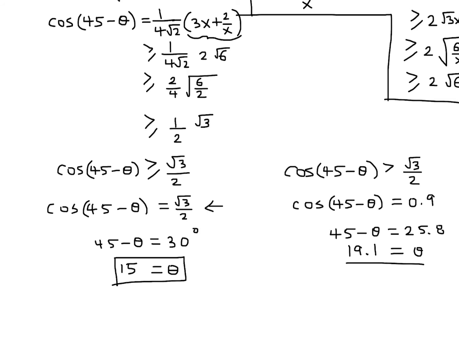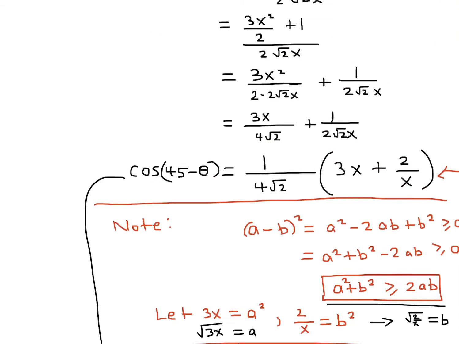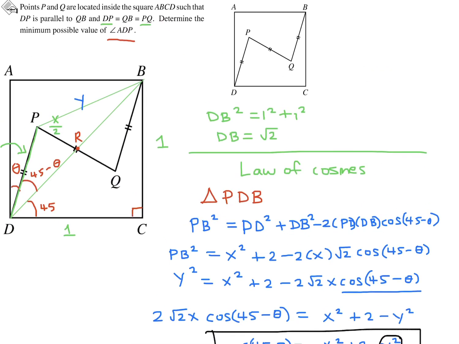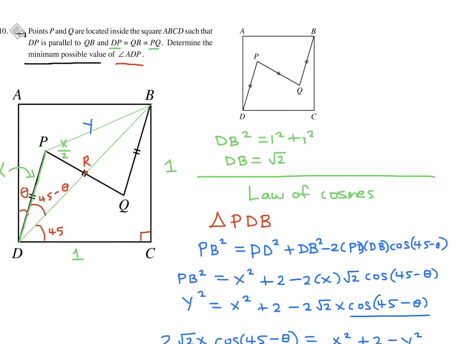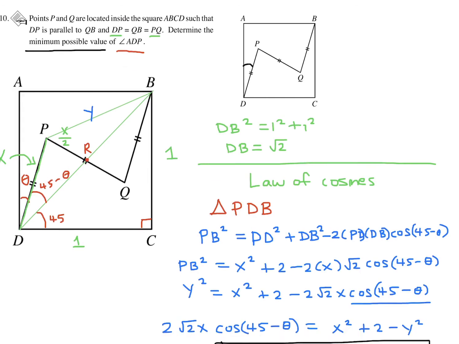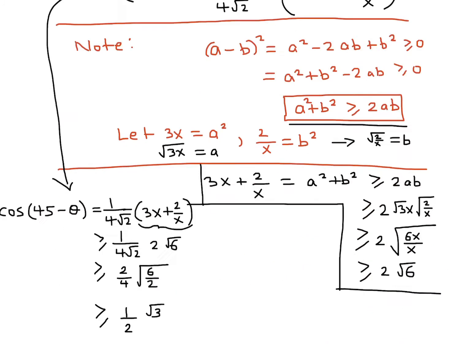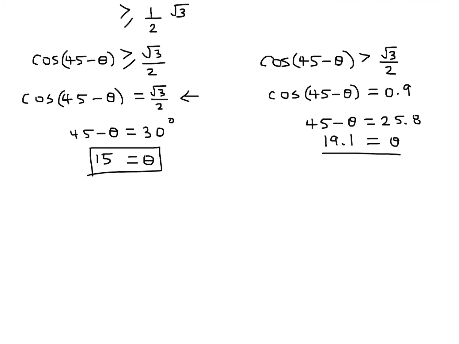They wanted the minimum. I'll go all the way back to the beginning. So they wanted the minimum, right? Determine the minimum possible value of ADP. ADP was that angle in there, which is theta. So based on our calculations, our relationships, the minimum we can get for theta is 15.